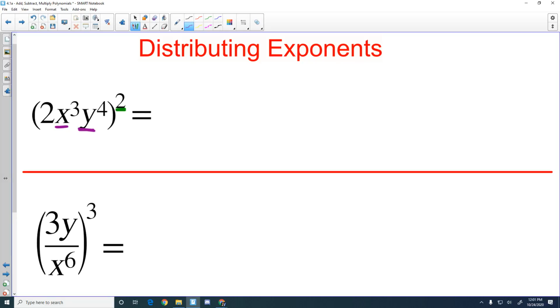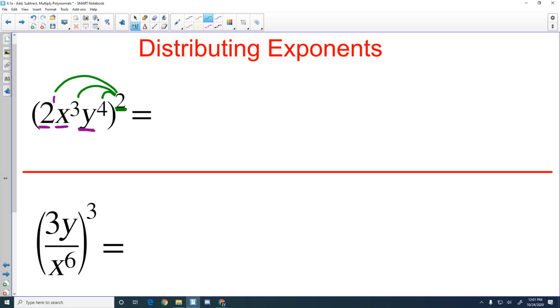And here's the tricky part. This 2 is a base as well, right? That's actually 2 raised to the first power, but we don't always write that exponent of 1. There's no need to. So inside the parentheses, there are 3 bases. And this 2 that's outside of the parentheses is going to distribute to every one of those exponents.